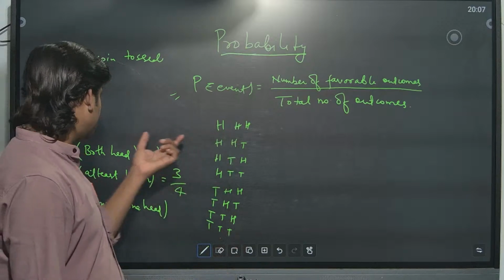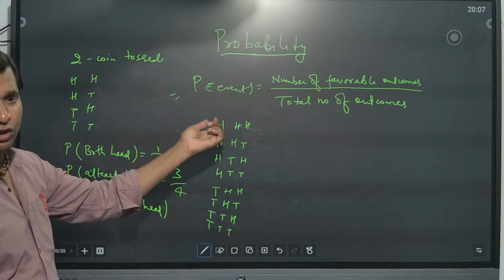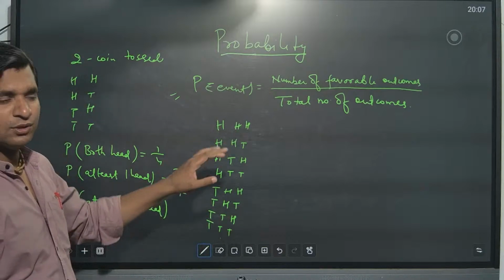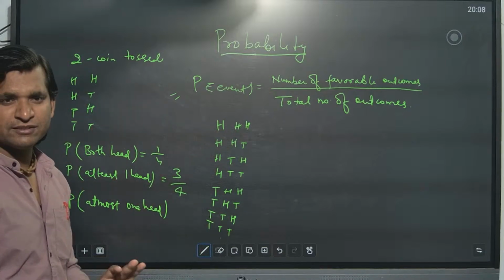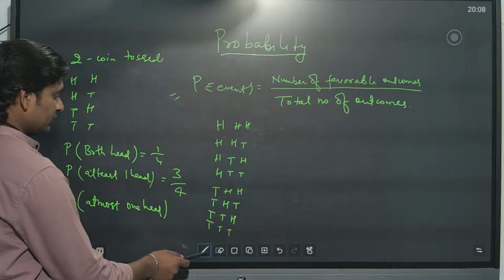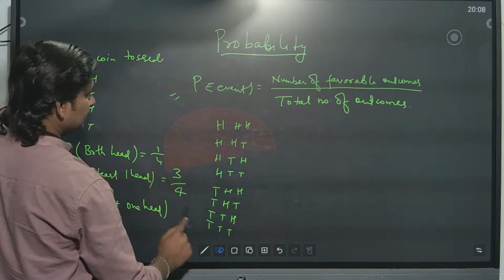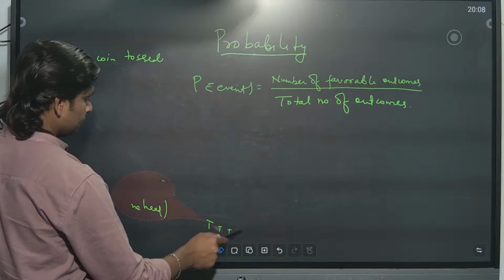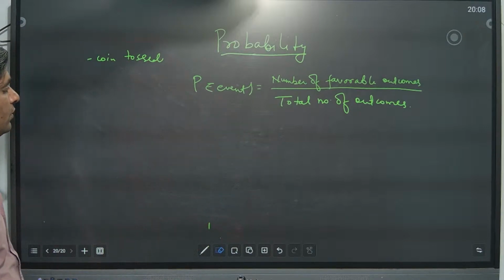Again, in this same way they can ask both heads, all tails, two heads, two tails. So like that questions they can ask. Whatever possibilities are there, we'll do in the questions. Okay. So these are the topics from coin.